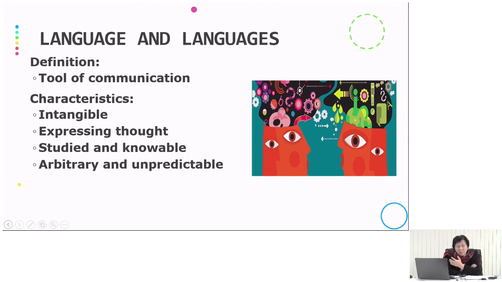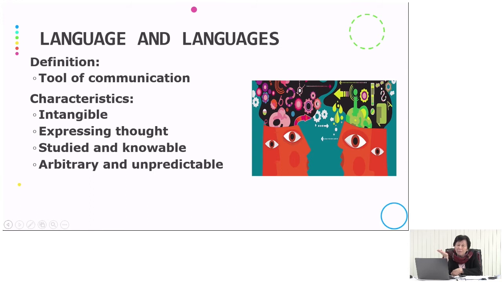So, it means that in this world, languages are arbitrary and unpredictable. Arbitrary means flexible, can be selected, can be changed, cannot be the same. Unpredictable means it cannot tell how would it be.